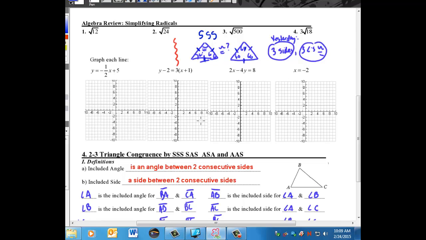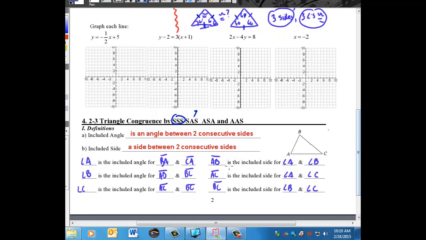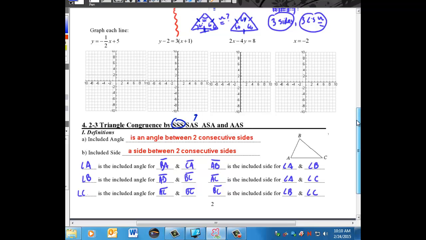We also have side, angle, side, and angle A has to be an included angle. And then we also have angle, side, angle, where the side is going to be an included side. So that's why it's important that we understand the terms included angle and included side, because we use them in these new rules that we have.